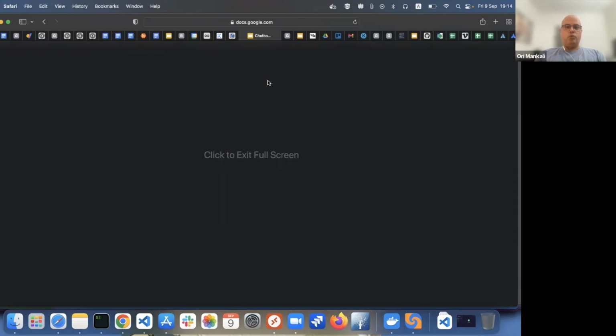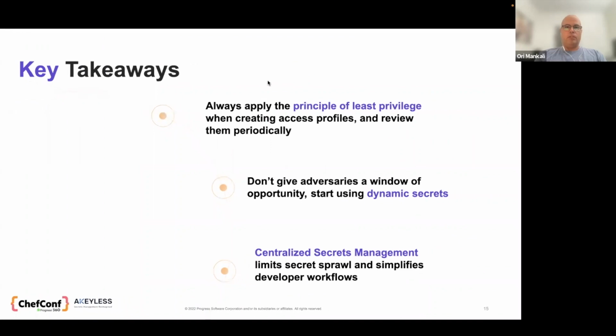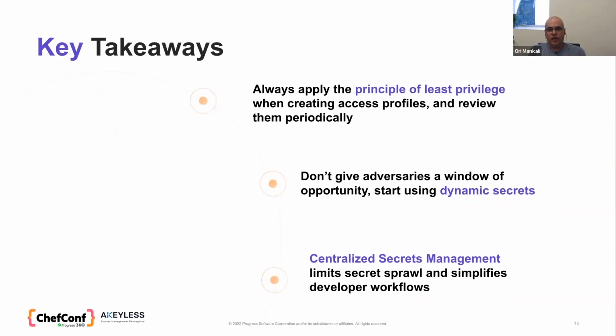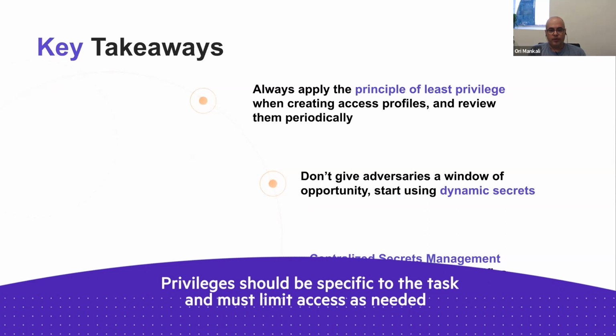Let's switch to talk about the key takeaways from this demo. First of all, you want to always maintain the principle of least privilege, which means that whenever you generate just-in-time credentials, you want to minimize that to the very least required privilege to perform this operation.